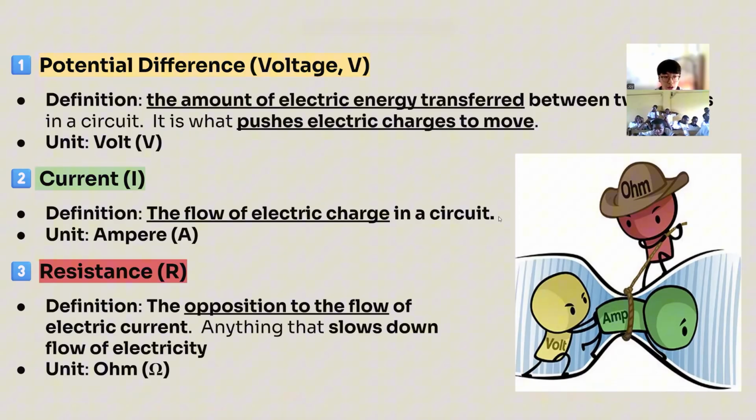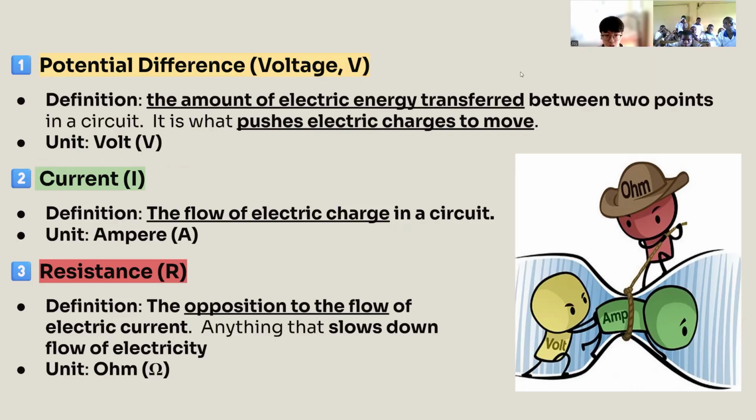So we looked at two main things, and I'm going to add another concept called the resistance, but we've seen what a potential difference is. And potential difference is also called voltage. So the definition is the amount of electric energy transferred between two points in a circuit.